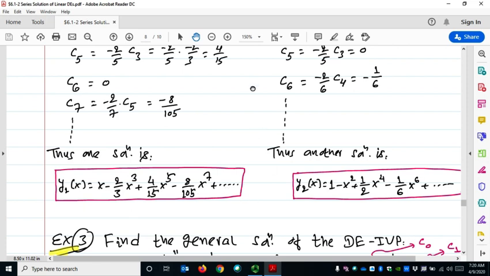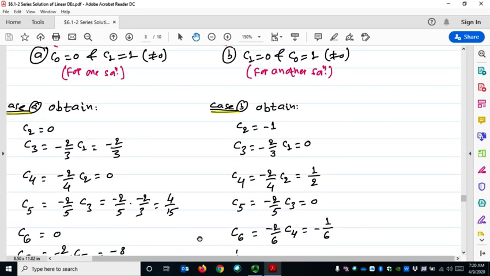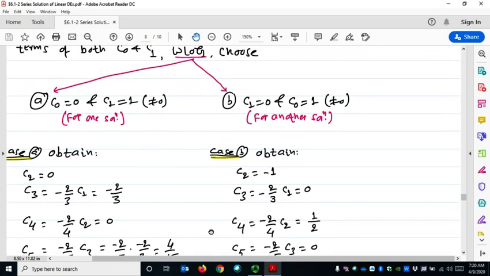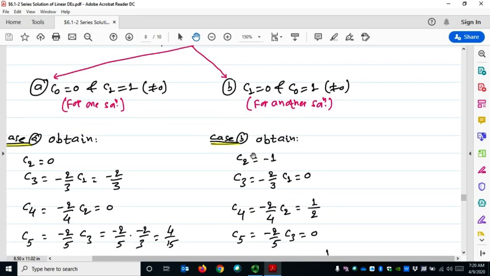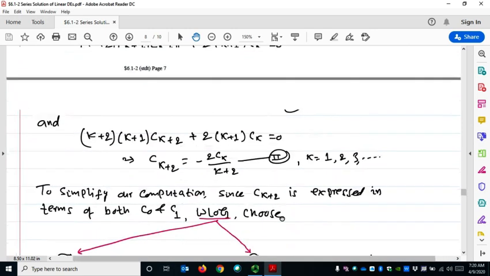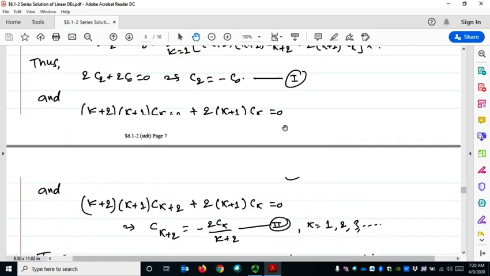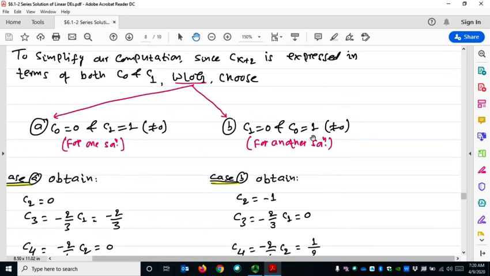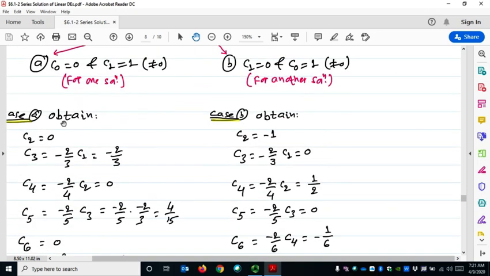Awesome. Similarly, let's go to the right side. This time we are assuming c0 is 1 and c1 is 0. Then what is c2? c2 is from here, minus c0, which is 1, so c2 is minus 1 in this case, so this is different here.